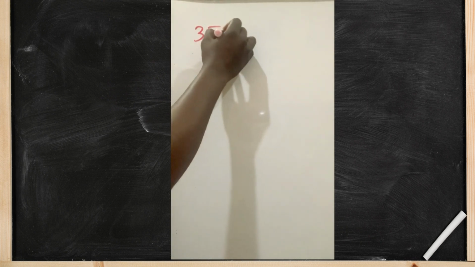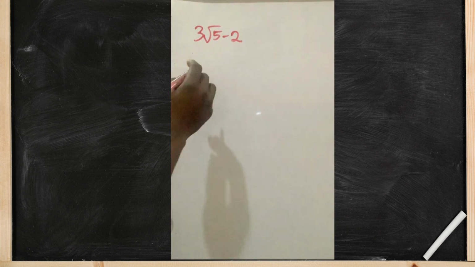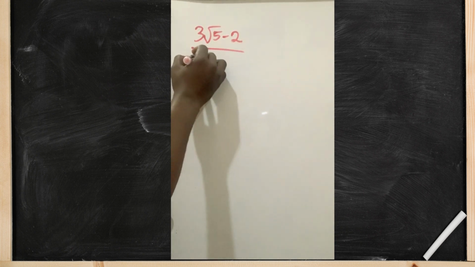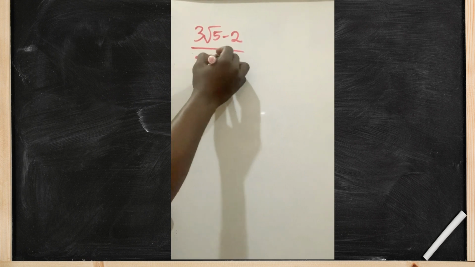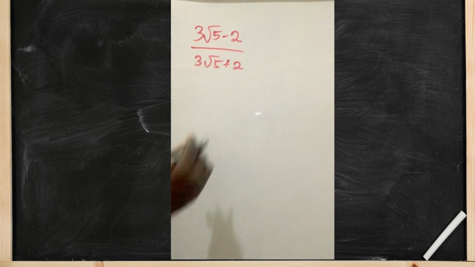So we're having this question here, 3 root 5 minus 2, over 3 root 5 plus 2. In order to solve this question, the way to go about it is to multiply it by 1.